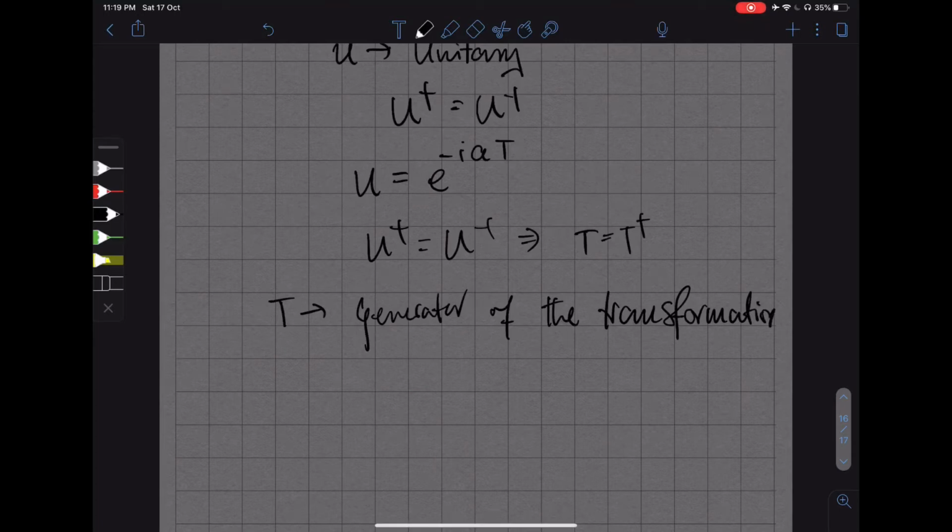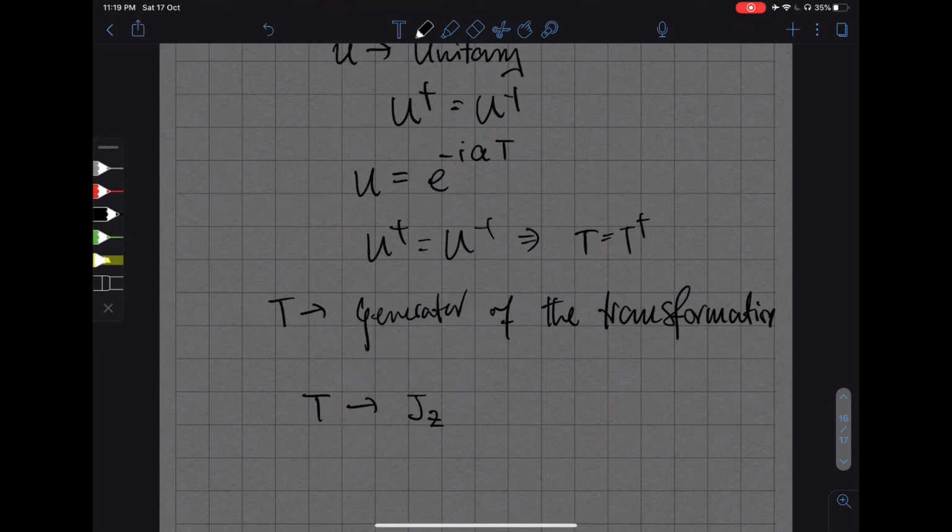A good rule of thumb to find T is that T is the quantity that is conserved if the corresponding transformation of the system is a symmetry. Let's take rotational invariance. We know that when we have a system which has rotational invariance, its angular momentum is conserved. So in that case, if the rotational invariance is around the z-axis, T is going to be given by J z.